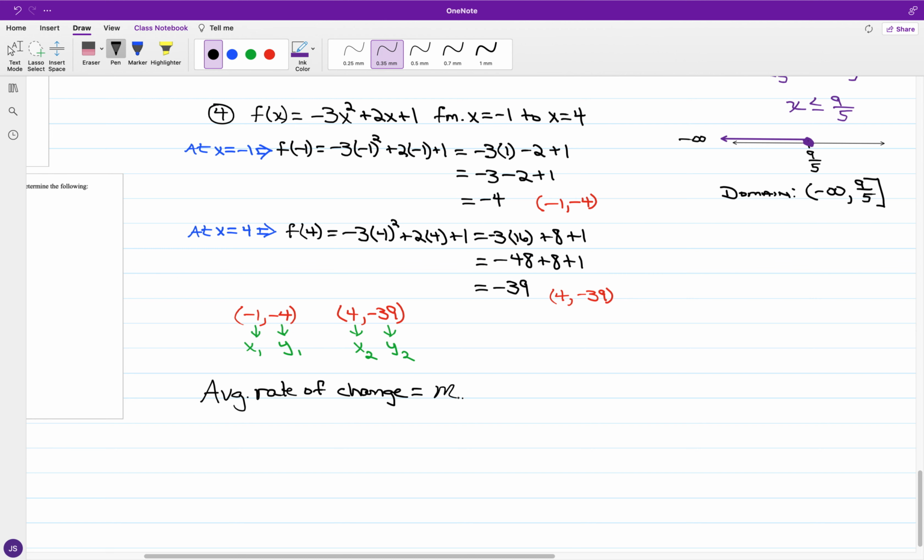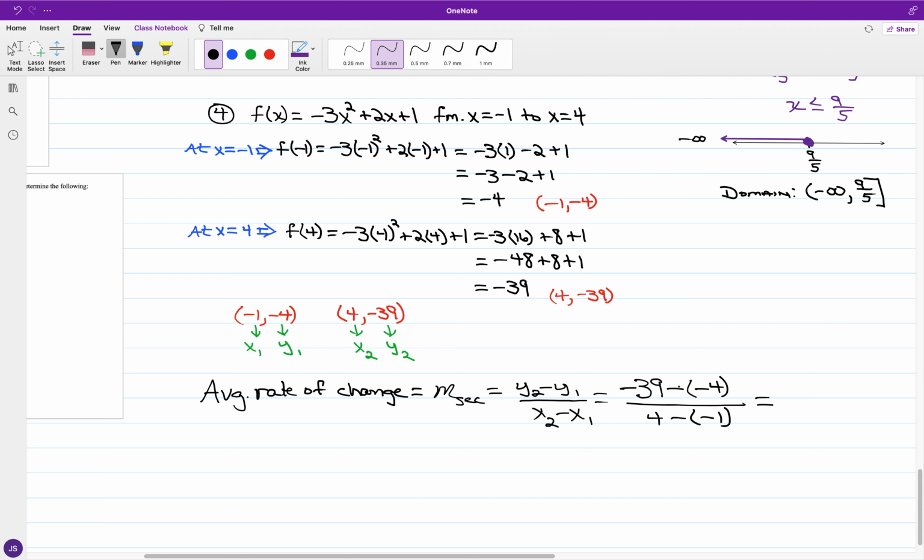that is going to be the slope of the secant. You can see I have y of 2 minus y of 1 all over x of 2 minus x of 1. For y of 2 minus y of 1, this would be negative 39 minus negative 4, and for x of 2 minus x of 1, we have 4 minus negative 1.